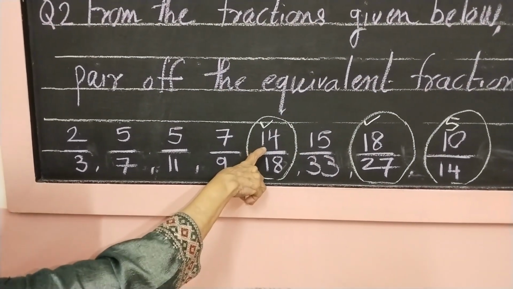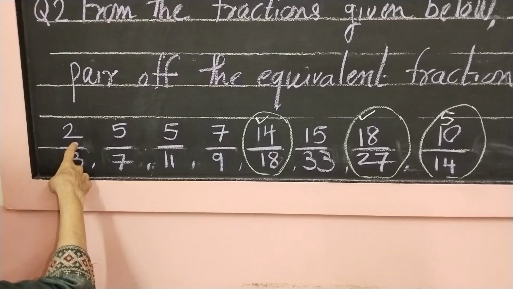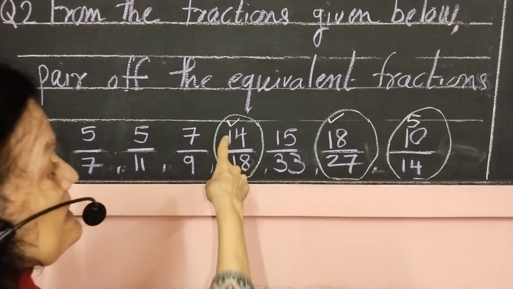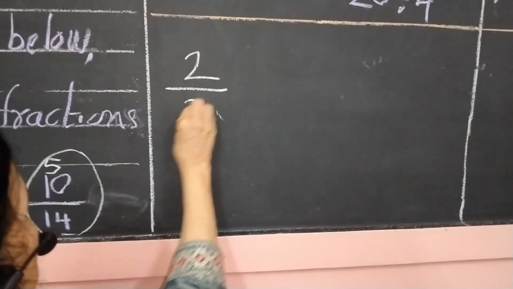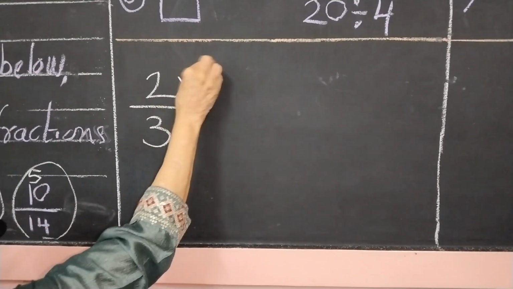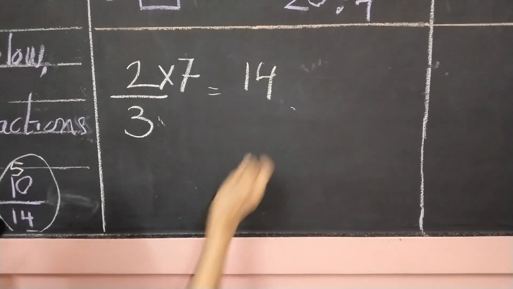Now for arriving at this number, we have to multiply 2 by 7, isn't it? This is our fraction and we are multiplying 2 by 7 in order to get 14.